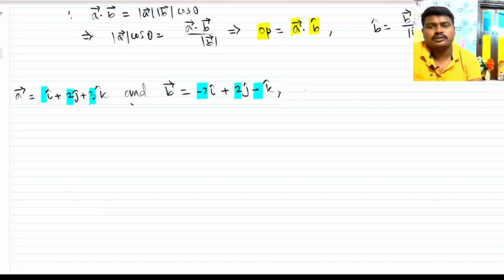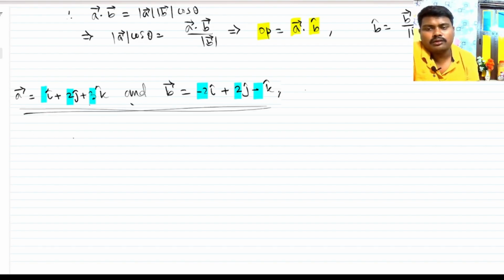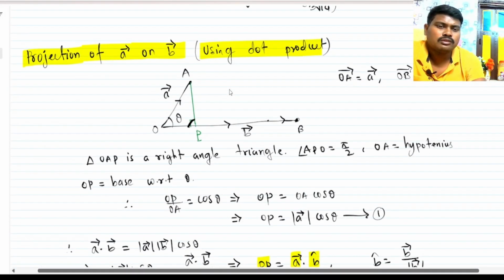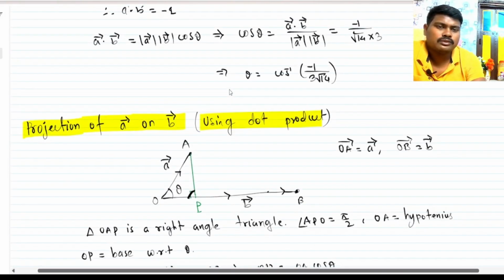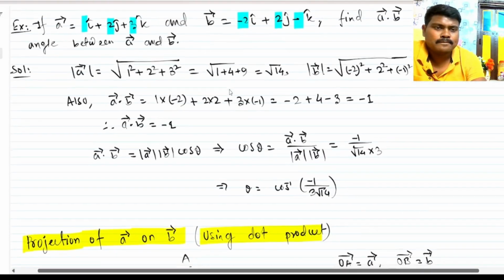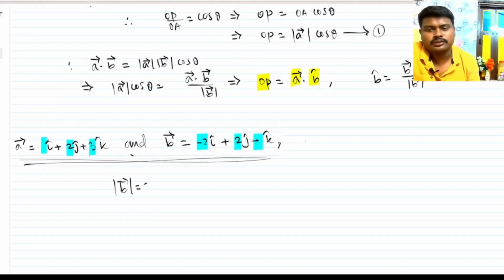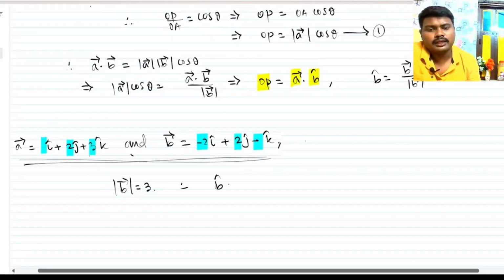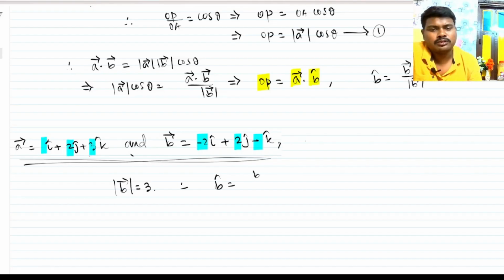To evaluate the projection of a on b, we first evaluate mod a, which we have already evaluated. Mod b is equal to 3. Next we evaluate b cap. b cap equals b vector by mod b. b cap means the unit vector along b.